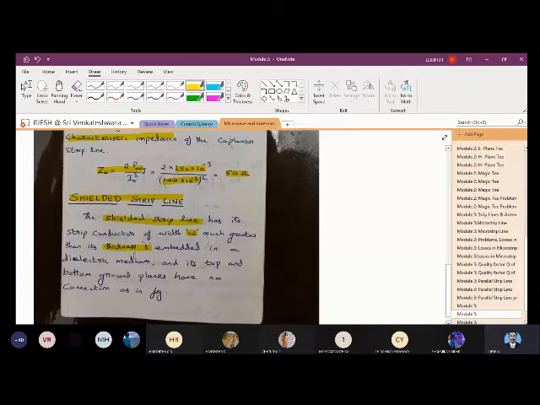So this is very important. It's completely embedded into the dielectric medium, and its top and bottom are ground planes. So it is having both the top portion and bottom portion ground planes. So the entire strip in the shielded strip line is surrounded by the dielectric medium.